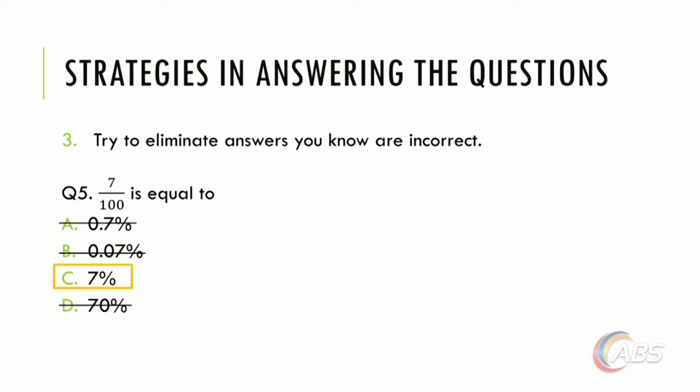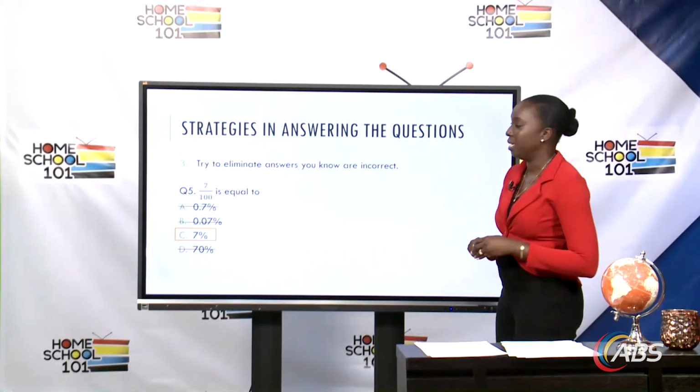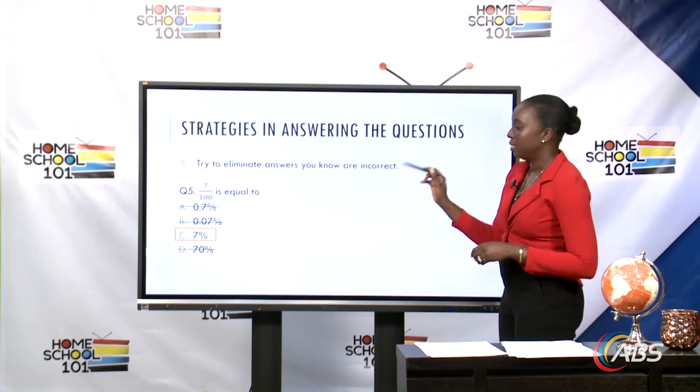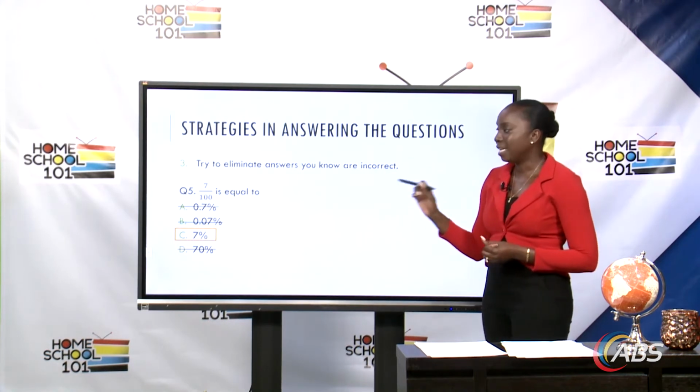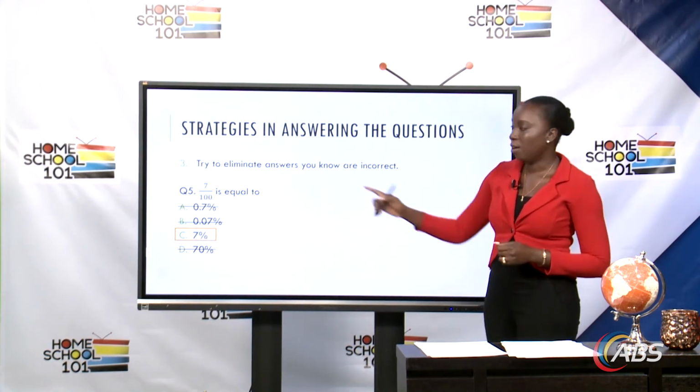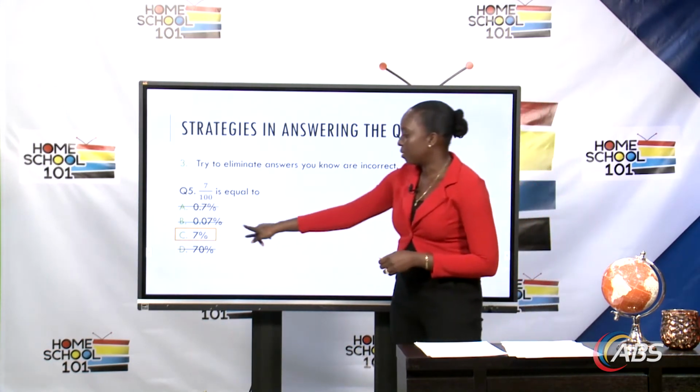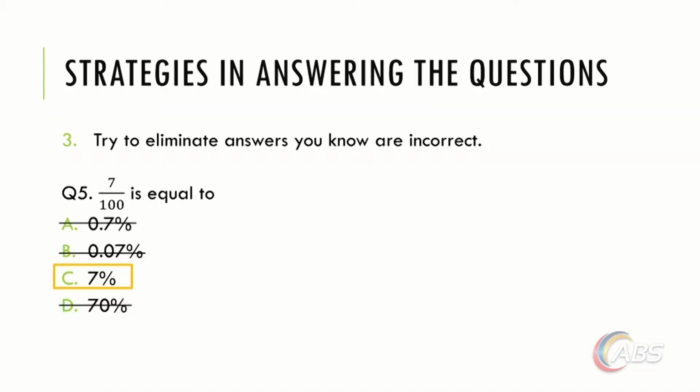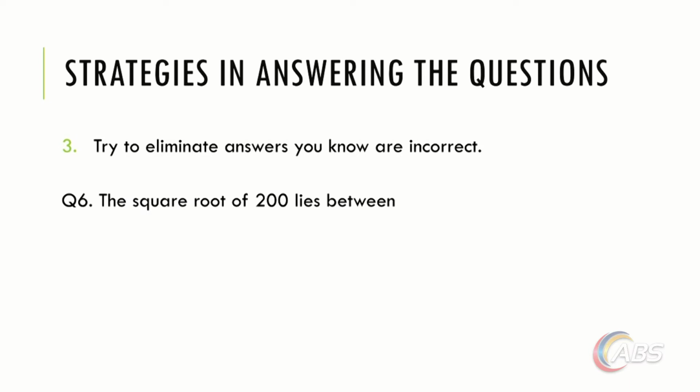Another thing worth pointing out is that our option B here, 0.07, could have been eliminated because 0.07 is the decimal representation of the fraction, and the fact that a percent sign is at the end makes that option invalid. So that's that.